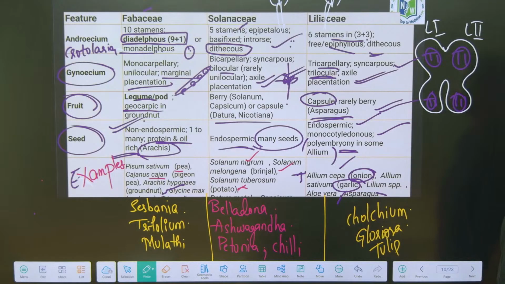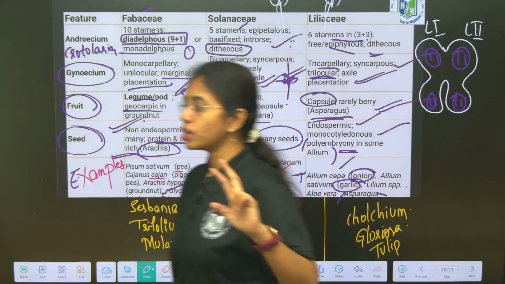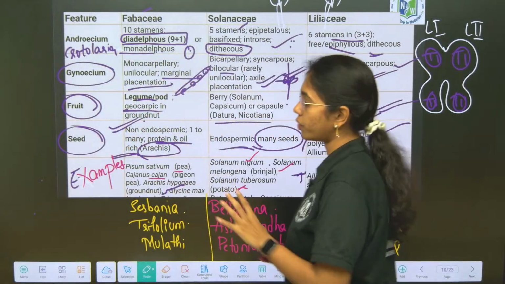These are the examples, you can consider it under Liliaceae. Clear, right? So, this is the complete set of distribution, vegetative characteristics and floral characteristics of 3 families.